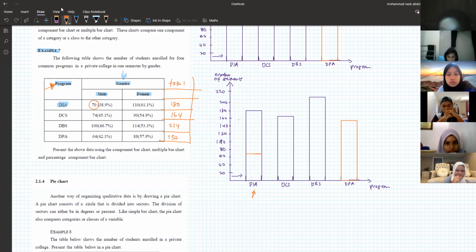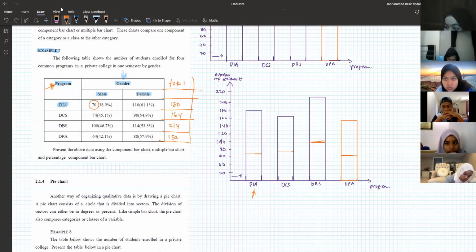So the lower part is indicating male respondents. This is 74, should be somewhere here. This is 100, somewhere here. And the last one is 64, somewhere here.